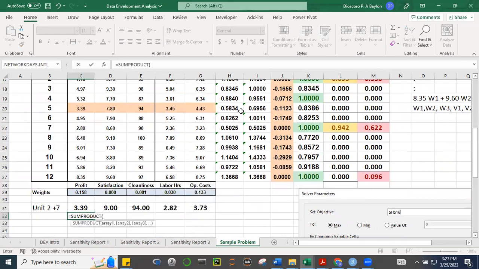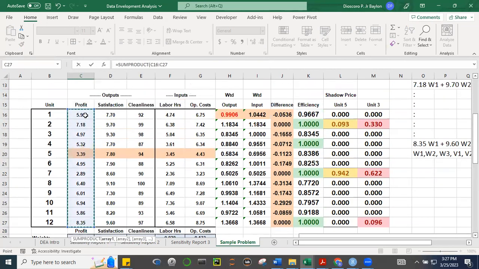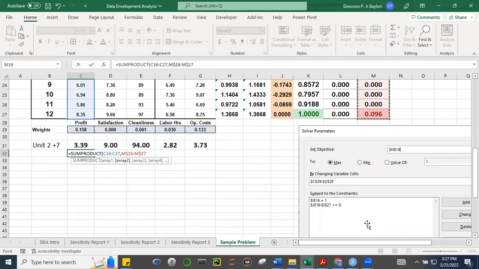Let's just validate this SUMPRODUCT of your profit and your linear combination. F4, F4, F4. Control Enter.